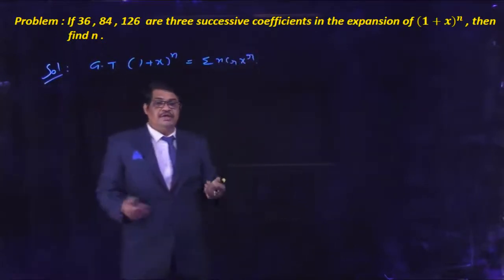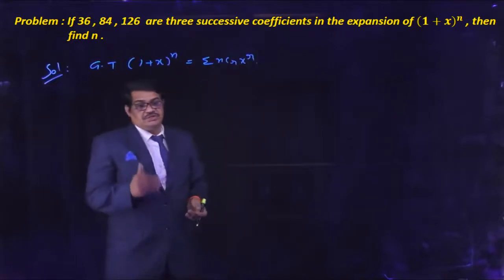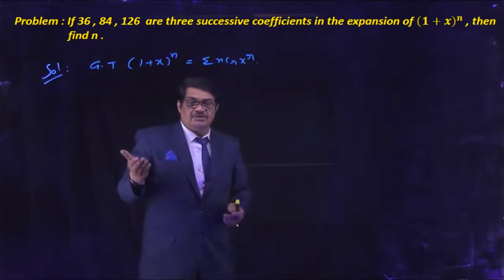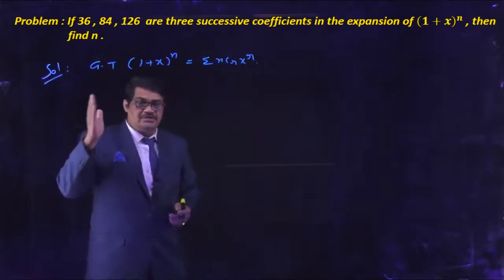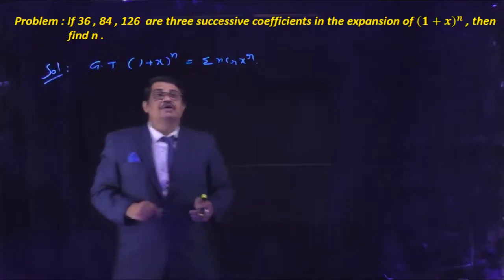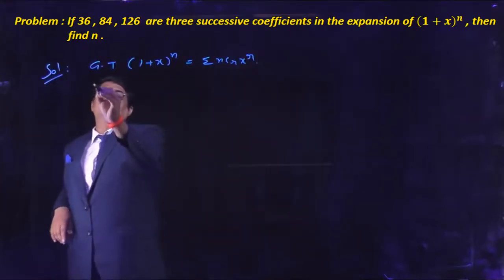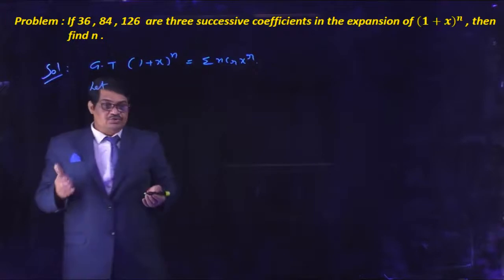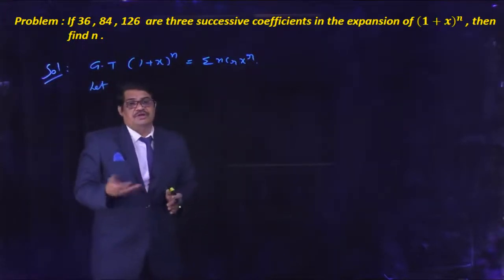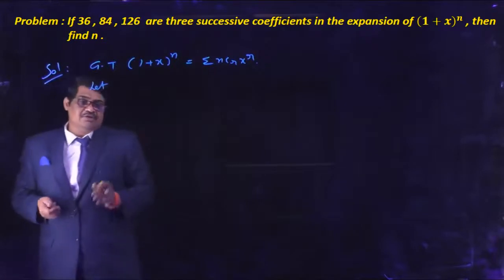Now we have taken three successive coefficients in the expansion. Those are given the values 36, 84 and 126. Now generally we take middle terms. We take the three successive terms in this expansion.